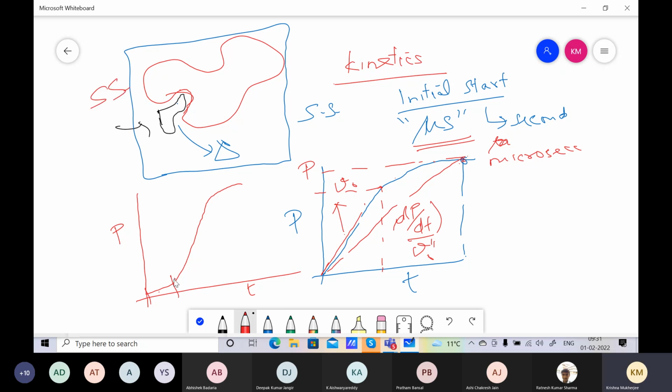But because this is very small, for all practical purposes, we take this as a straight line here. If you study the moment you add the substrate, in the next microsecond, you will see no product is forming, because this steady state is being established. But because this time constant is very, very small, for all practical purposes, we assume that this steady state has been reached. So we take it out of the model.